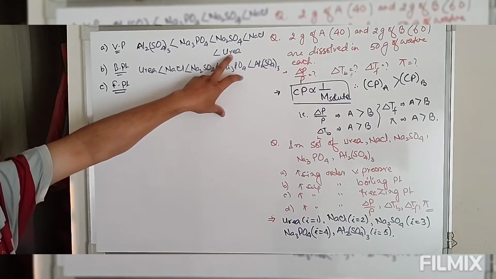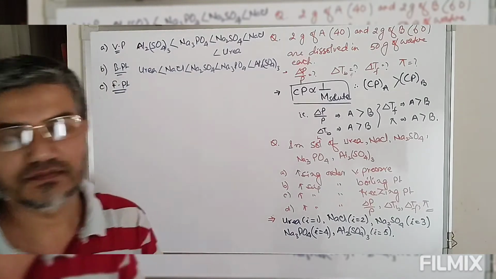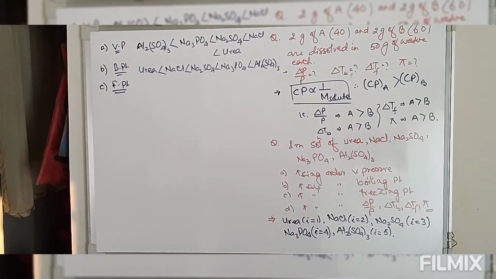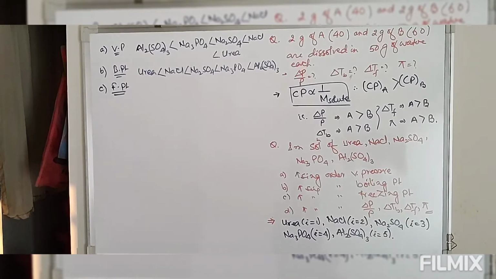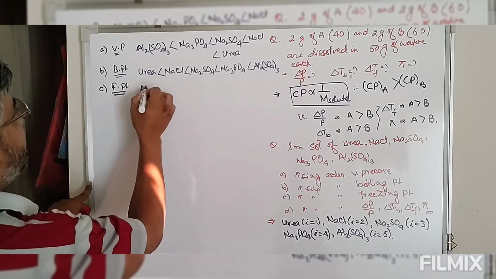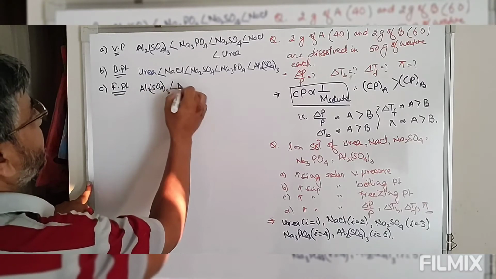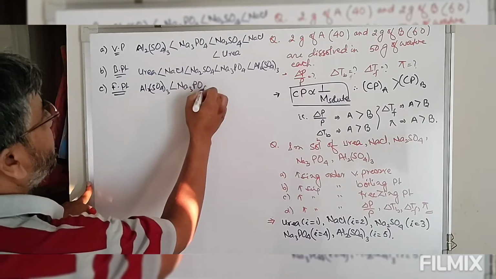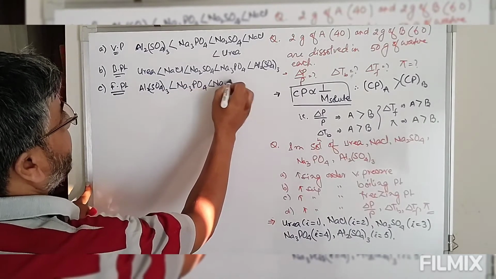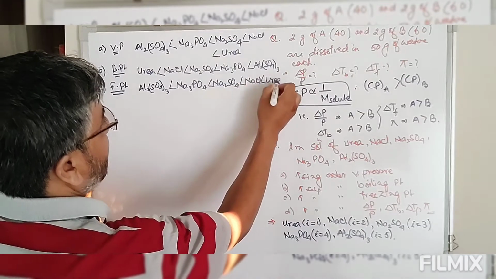So if the vapor pressure is more, then the freezing point will also be higher. So therefore the increasing order of freezing point will be Al2(SO4)3, then we have Na3PO4, Na2SO4, NaCl, then we have urea.